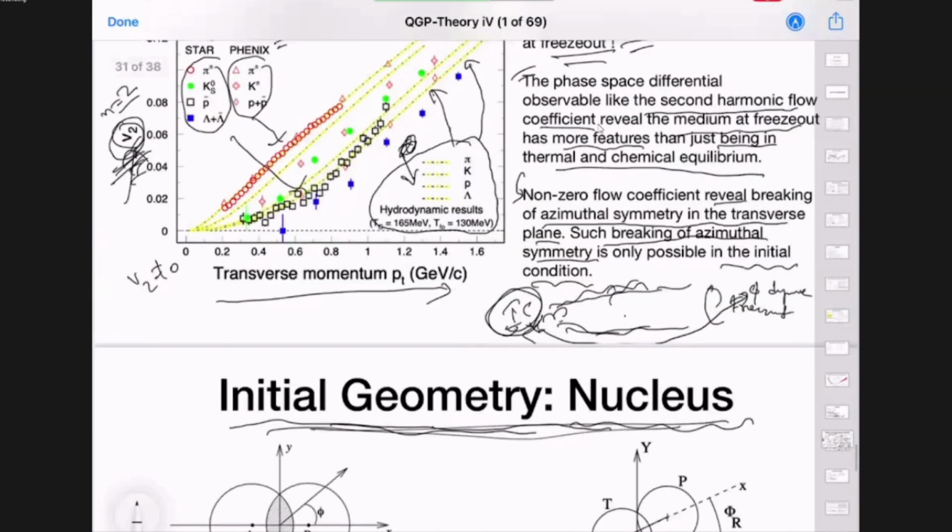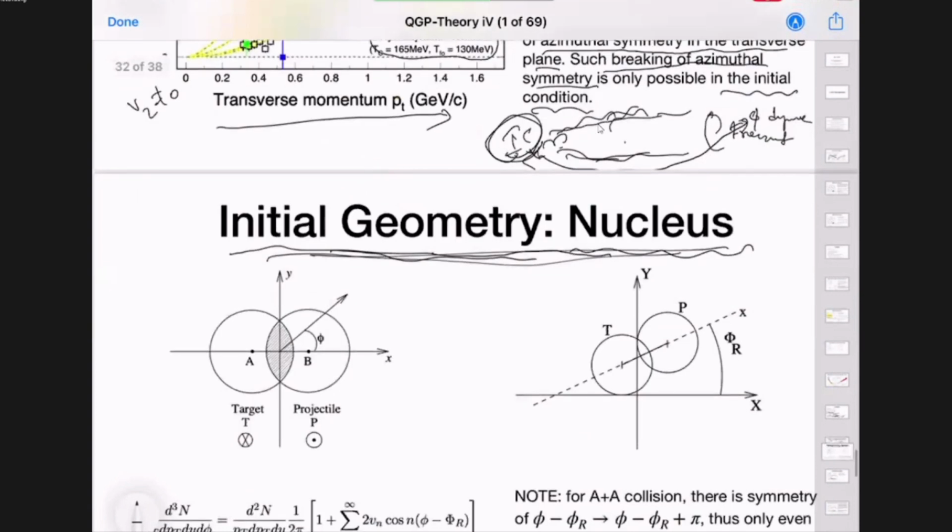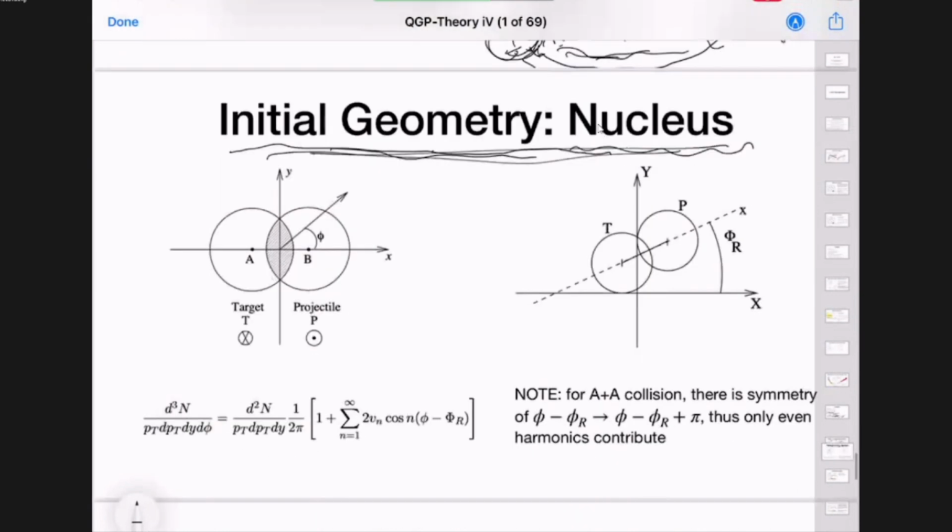Okay, so in order to understand this, we need to understand how this symmetry is broken in the initial condition. And so the first thing is, just from the fact that you are colliding two nuclei, right? What sort of geometry one could expect?